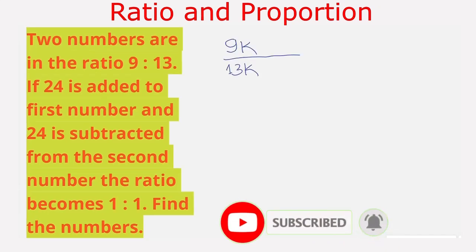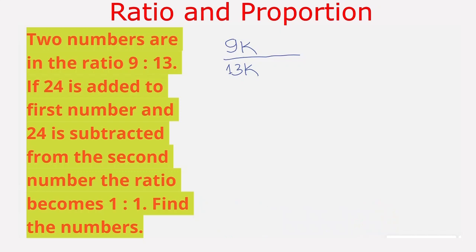So we write it as 9k upon 13k, and 24 is added to the first number while 24 is subtracted from the second number. So we add 24 to 9k and subtract 24 from 13k, and this becomes equal to 1:1. Now we just solve the equation and we get the answer.